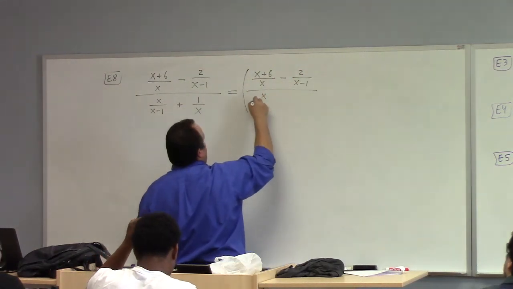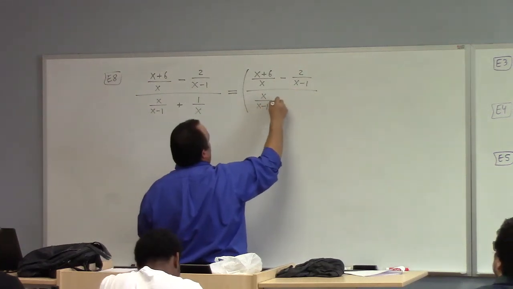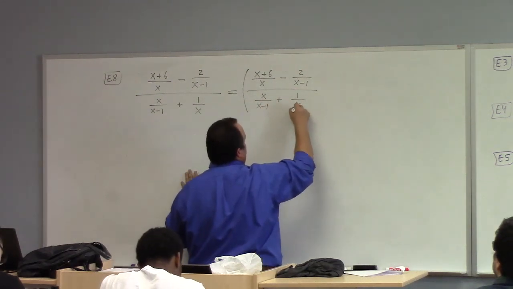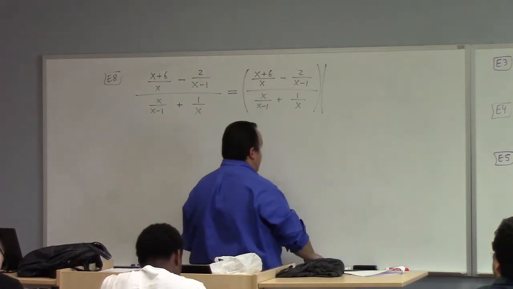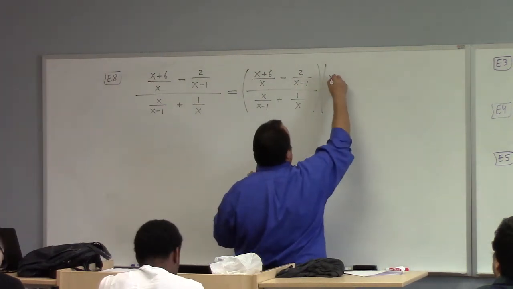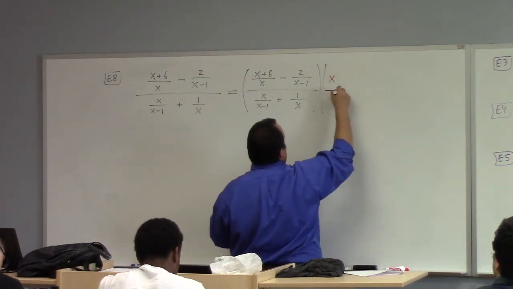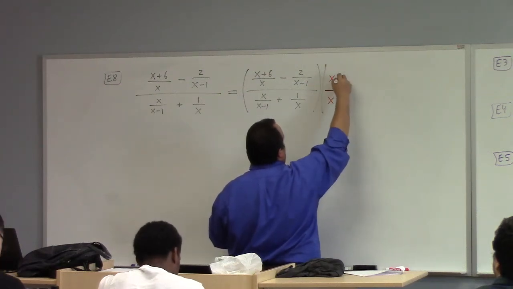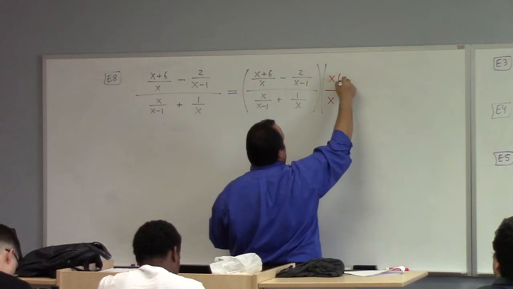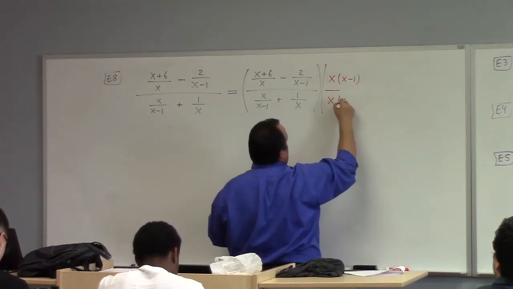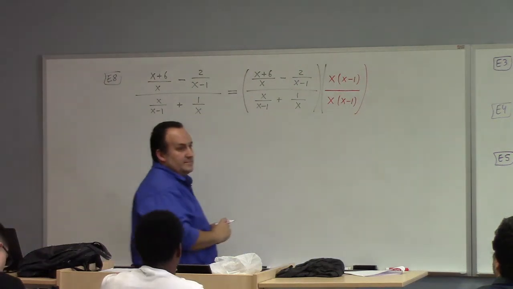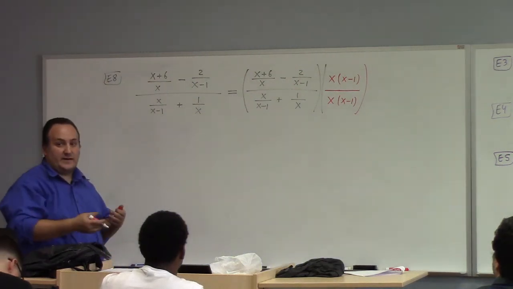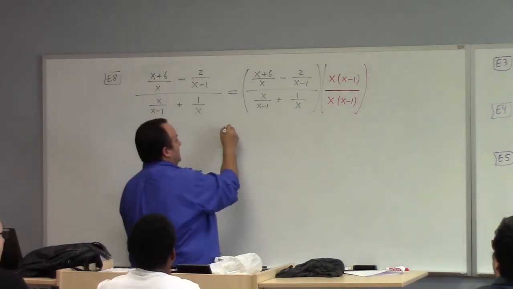So the question is, what should I multiply by in order to clear out all those denominators? I would say x over x is a start, but I also want an x minus 1 over x minus 1. If I multiply by this, we'll clear out all the denominators, right?